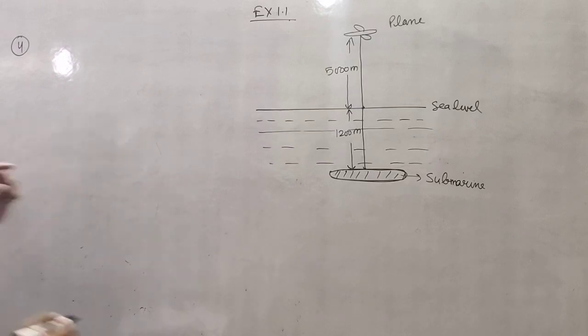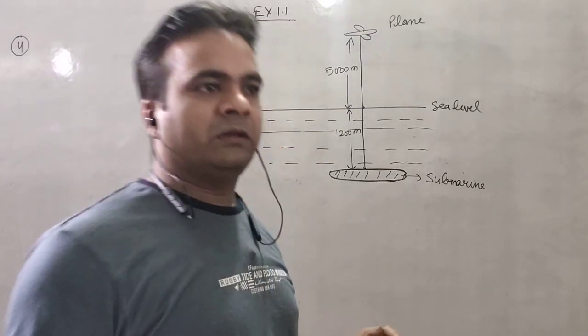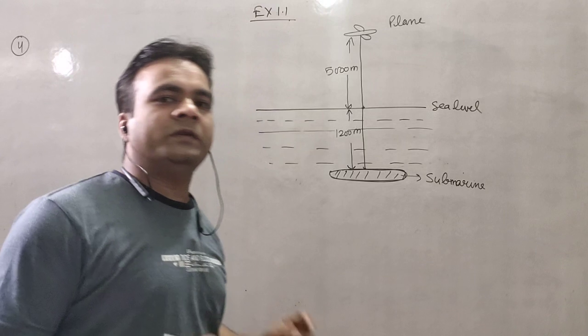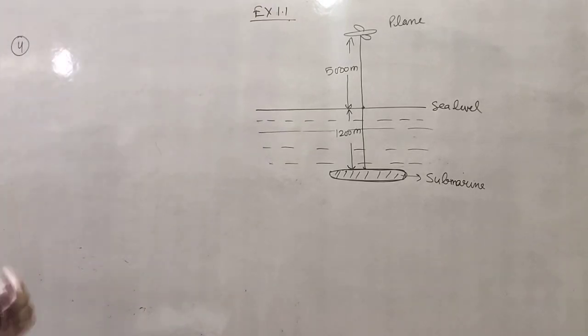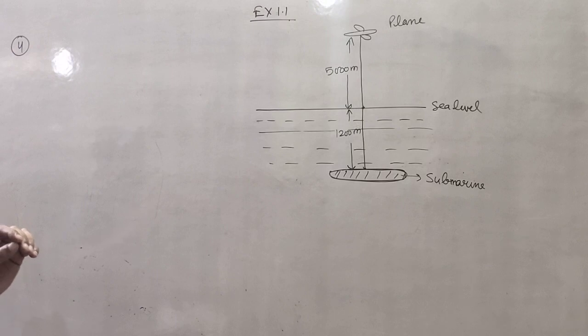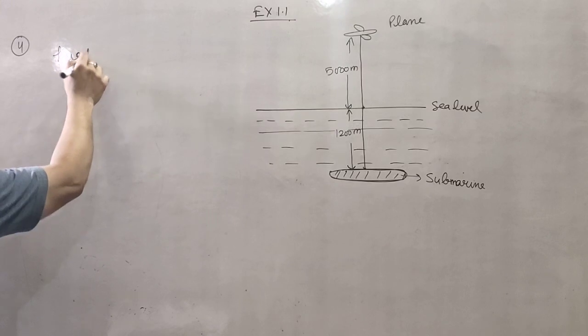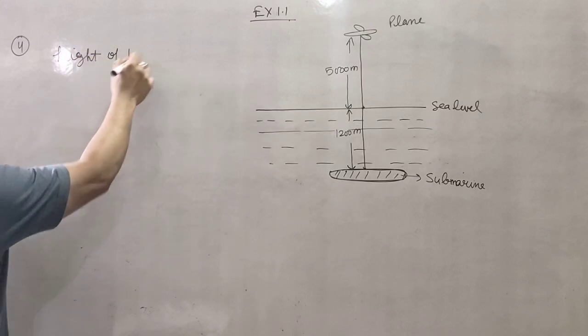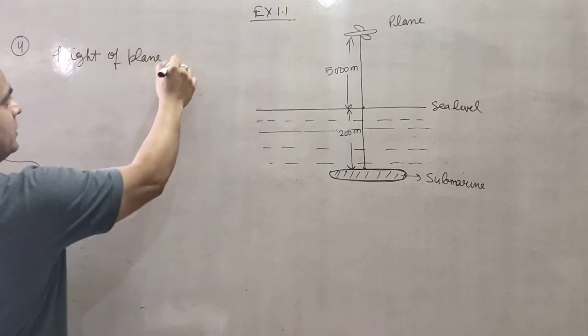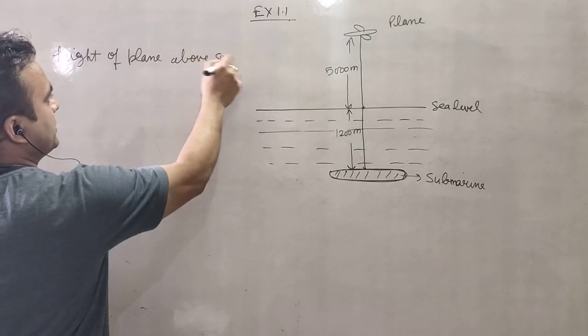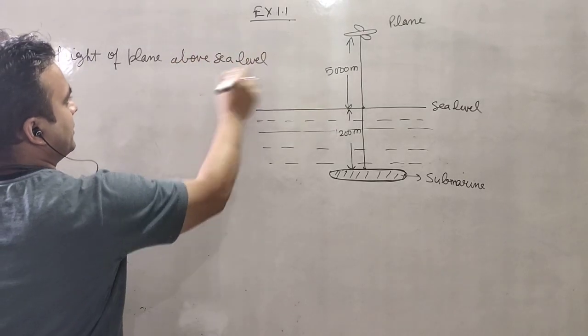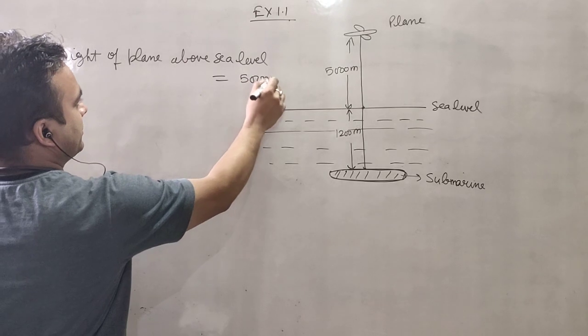I have already told you that the difference, the distance of anything, is always taken positive. So they all will be under the absolute value, you can say. So I will write here: height of plane above sea level equal to 5,000 meters.